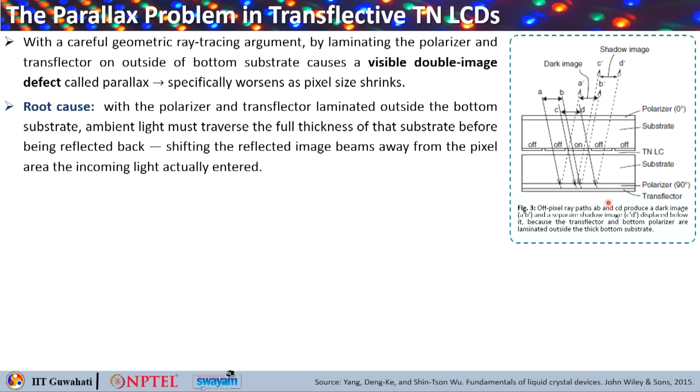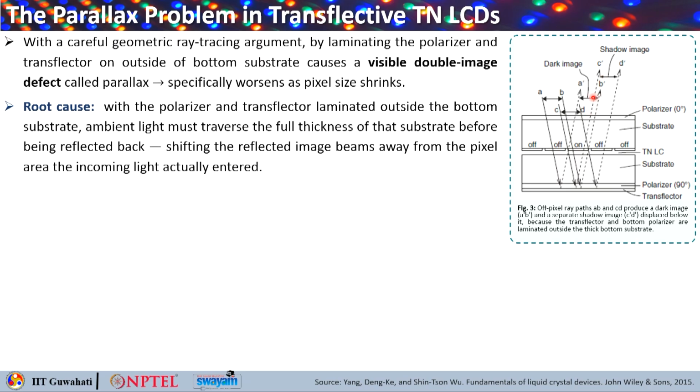The off pixel ray paths AB and CD produce a dark image A prime B prime. On the pixel, you can carefully see that A and B give you A prime B prime.